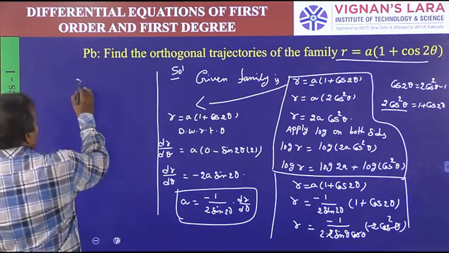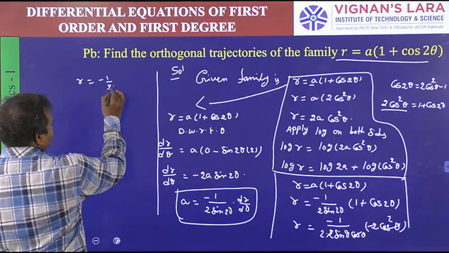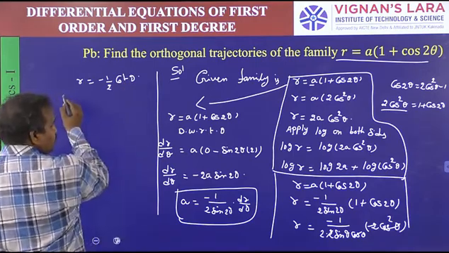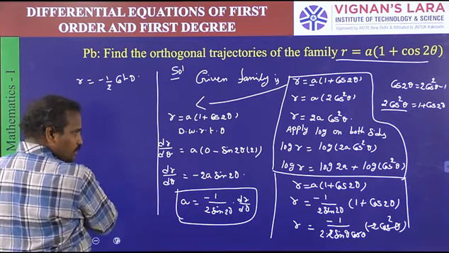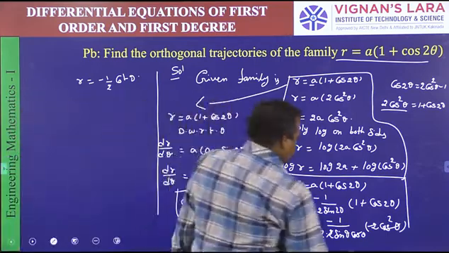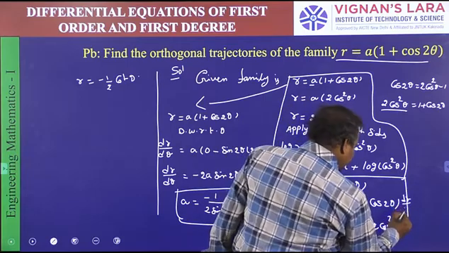So r is equal to minus 1 by 2 cot theta into dr by d theta.